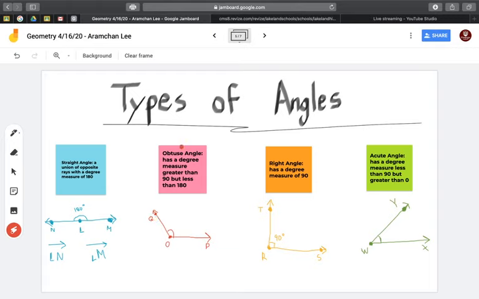Next, we have an obtuse angle, which has a degree measure greater than 90, but less than 180. So here we have angle QOP.